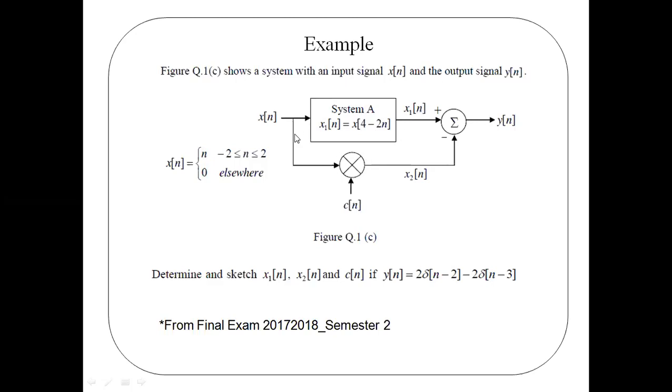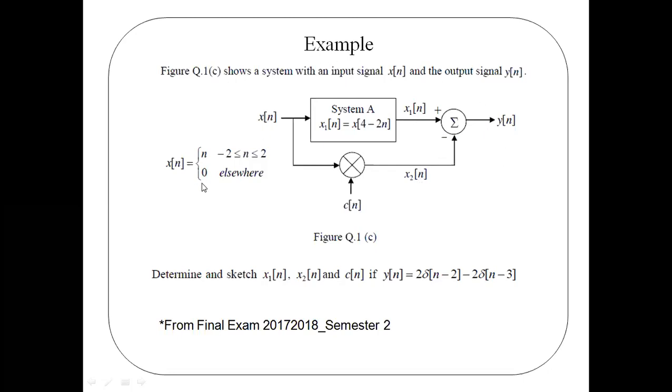The same x[n] is multiplied by a signal c[n], and this gives us x2[n]. At the end, the output of this system is an adder, but the actual operation applied here is a subtraction, because y[n] equals x1[n] minus x2[n].